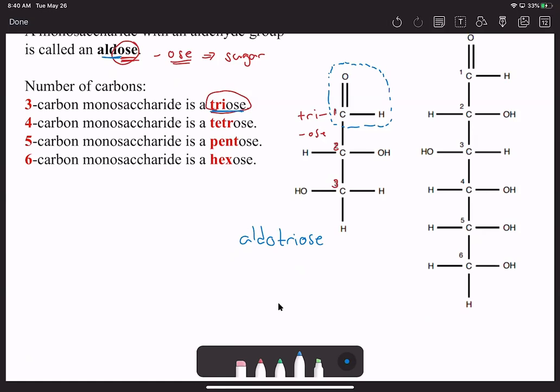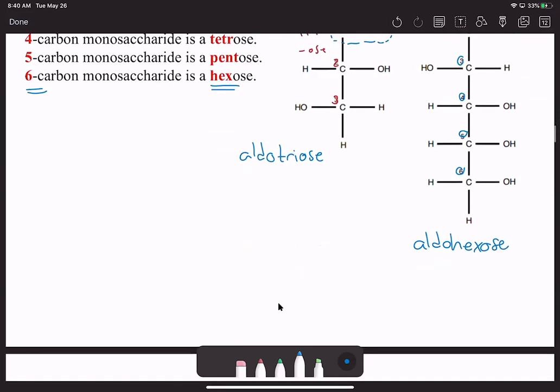So this becomes aldotriose. We count up the carbons, 1, 2, 3, 4, 5, 6 carbons. Aldehyde functional group. This is aldo, and because it's 6 carbons, we're going to use hexose. Aldohexose.